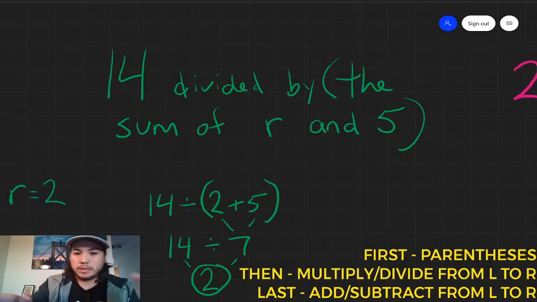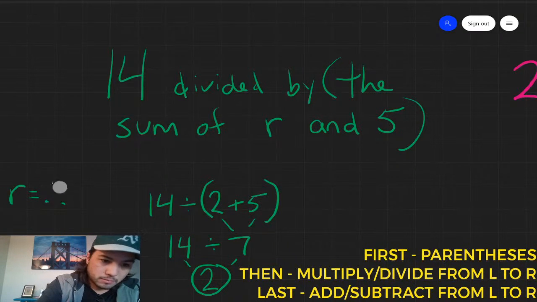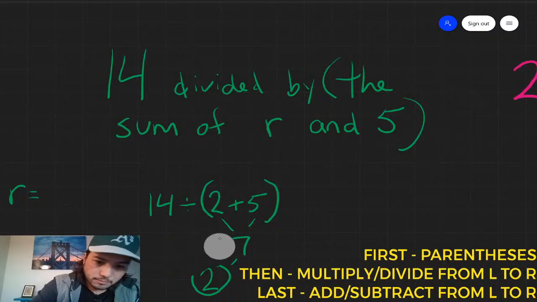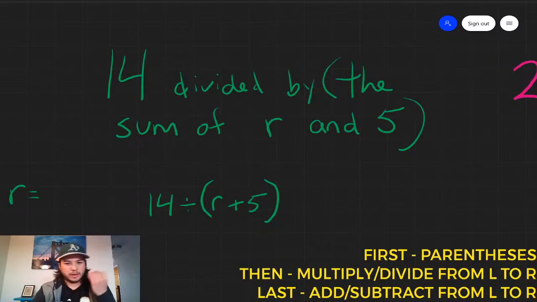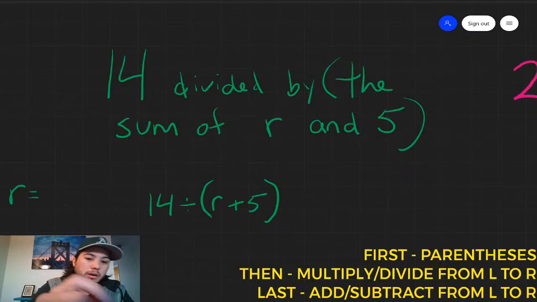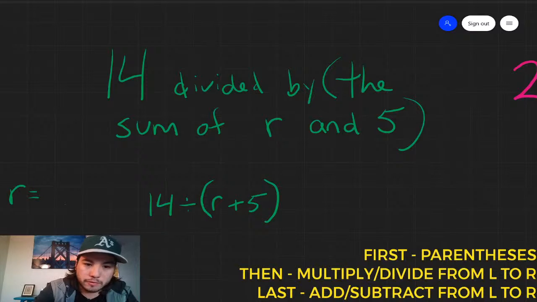Okay, so let's pick a different value for r. Let's reset here. Back to 14 divided by r plus 5. Okay, let's pick a different value. Let's go with r equals, I'm trying to think of something where we won't need fractions. R equals 9.